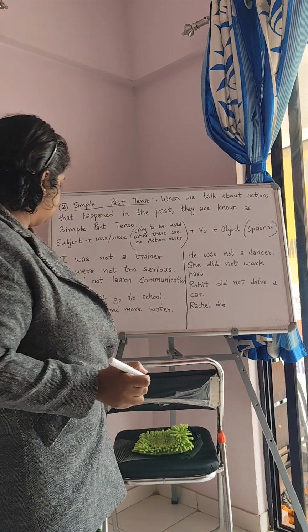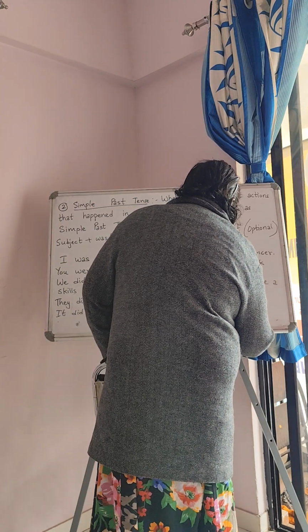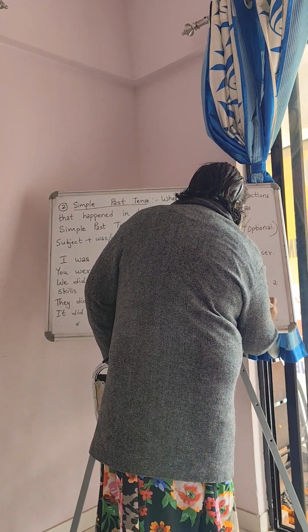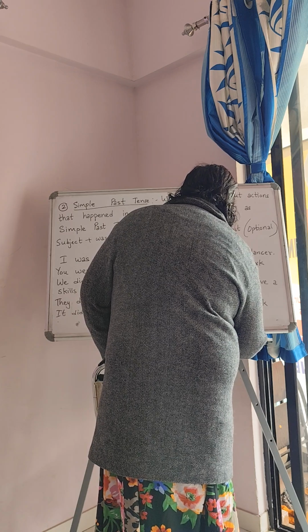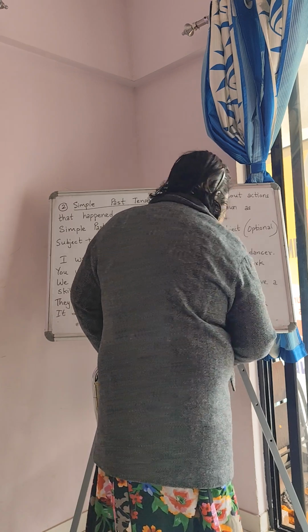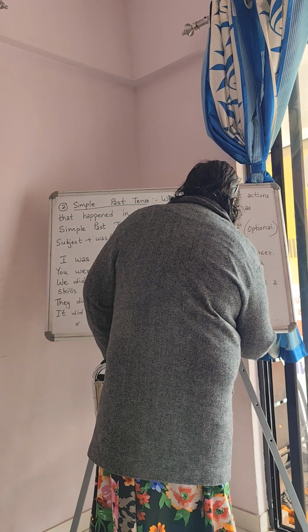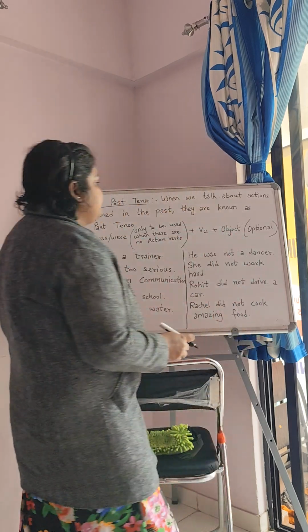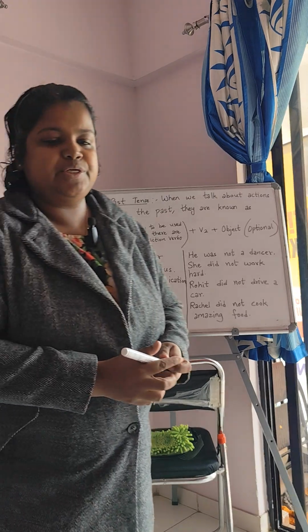Yeah, it's done. Rachel did not cook amazing food. Just be mindful that did will ensure that the verb comes back to V1 form. Okay? Please write it. Once you're done, let me know.